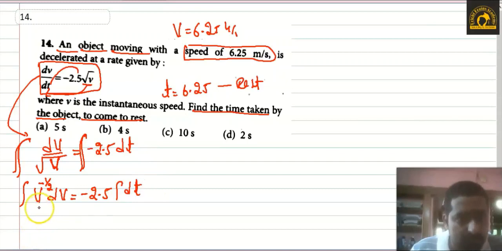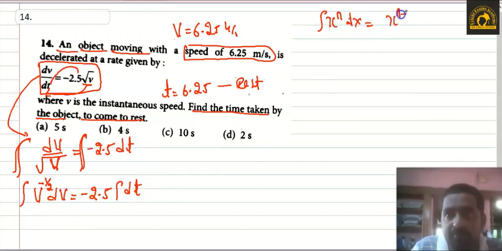Now the integration of v to the power of minus 1 by 2, that is 1 by square root of v. The formula is integration of x to the power of n dx is equal to x to the power of n plus 1 divided by n plus 1.